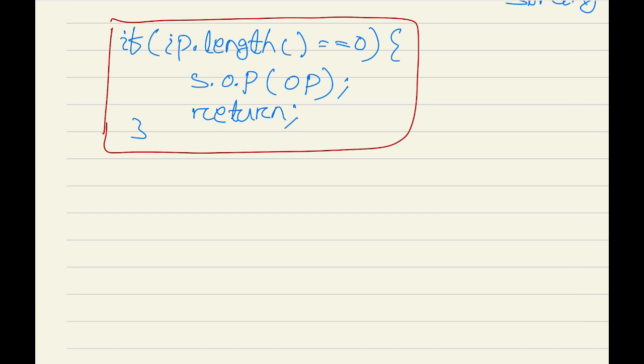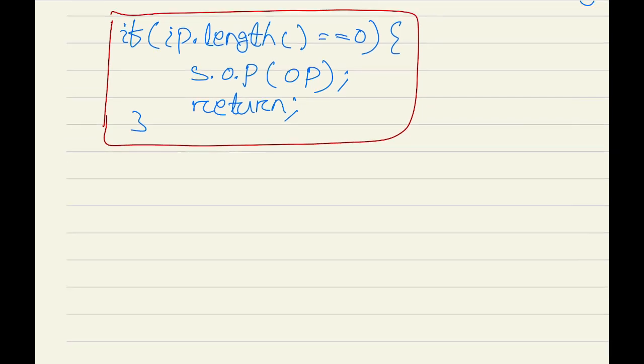Okay, now the recursive case. In the recursive case we are going to select one character, and that character is concatenated with the output, and the input is reduced by removing the selected character. Each time we select one character from the input string. That means initially we can select the character at index 0, then the character at index 1, then the character at index 2, like this.